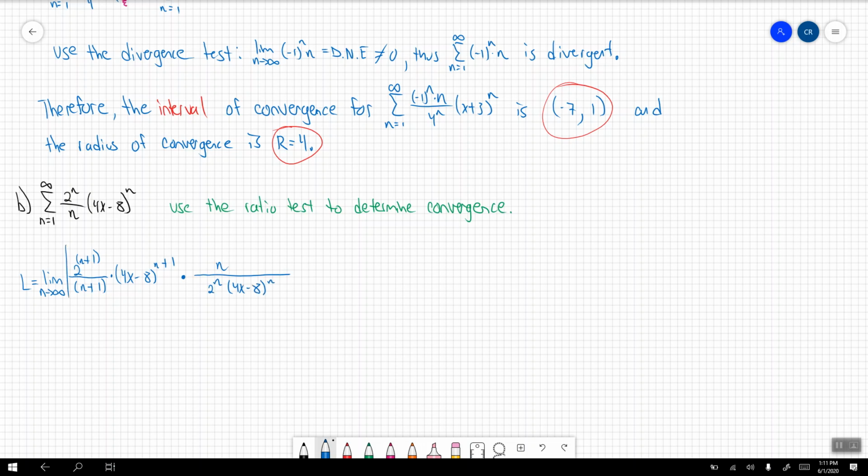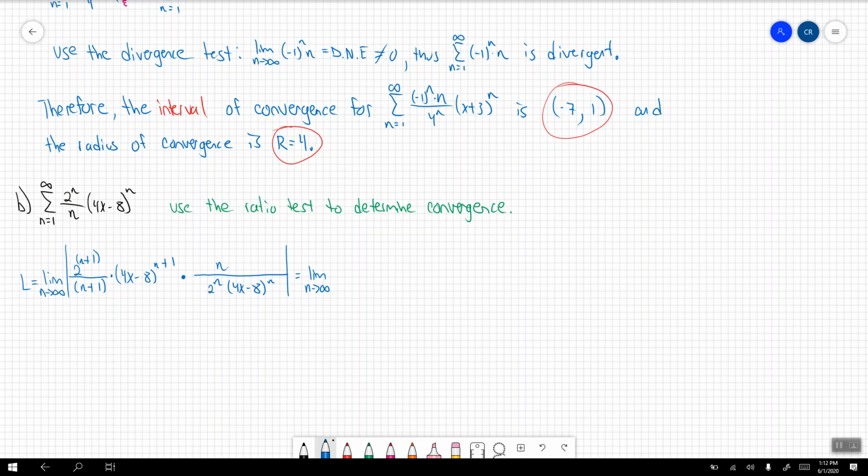And again, you need to make sure that we're using the absolute values here, because when we use the ratio or the root test, we need those absolute values in there. Now, simplifying this as much as we can, the limit as n tends to infinity. The two n's are going to cancel. The 4x minus 8 to the power of n is going to cancel.